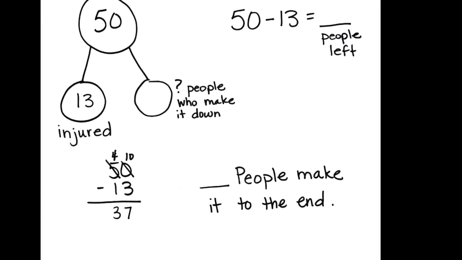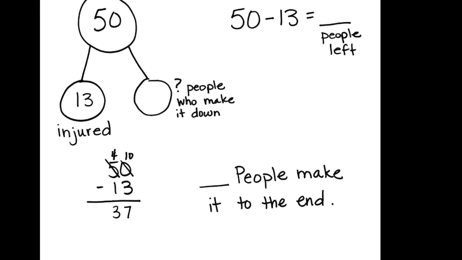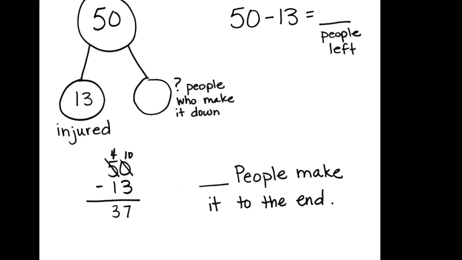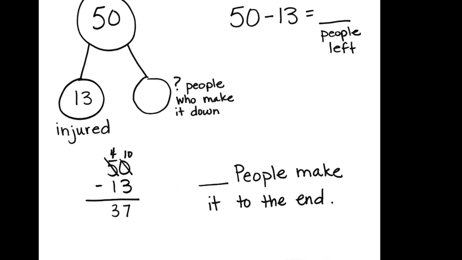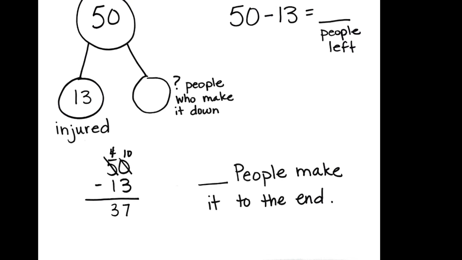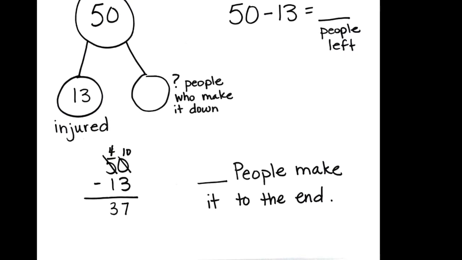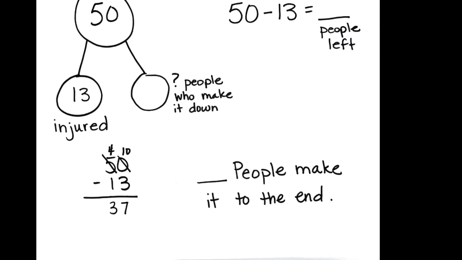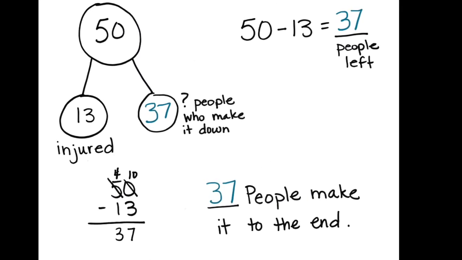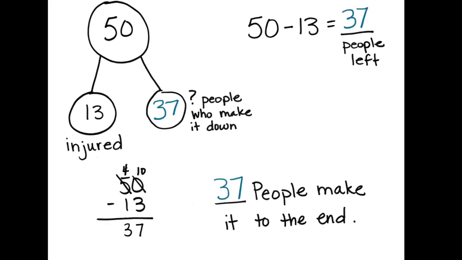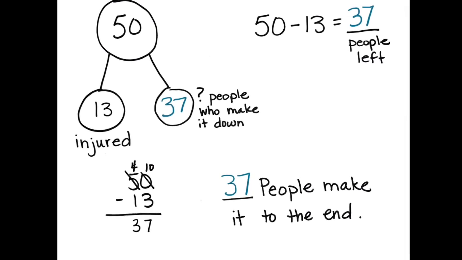Then I'm ready to do the actual subtraction. 4 tens minus 1 ten is 3 tens. 10 ones minus 3 is 7. So 50 minus 13 is 37. 37 people make it to the end. I can label all of my other parts of deal with my missing addend from the equation.